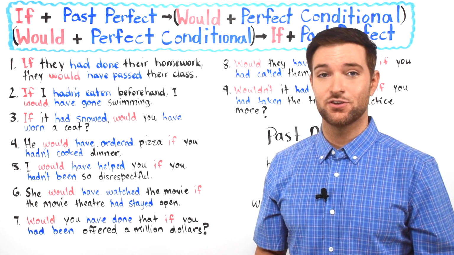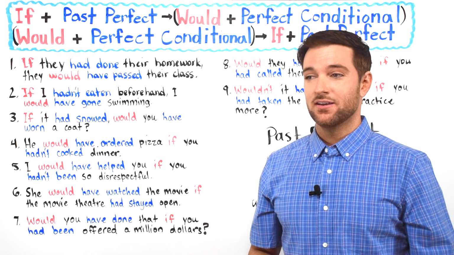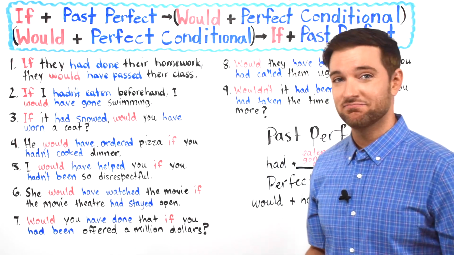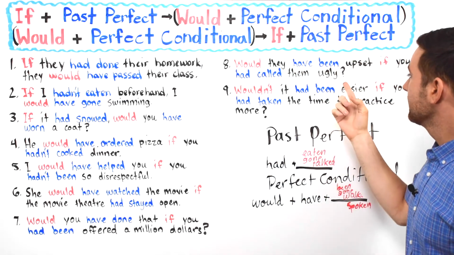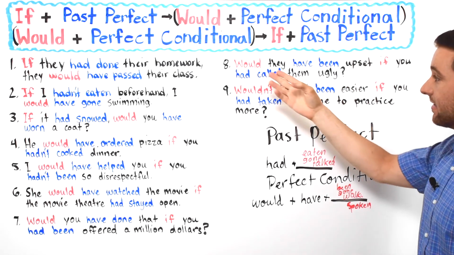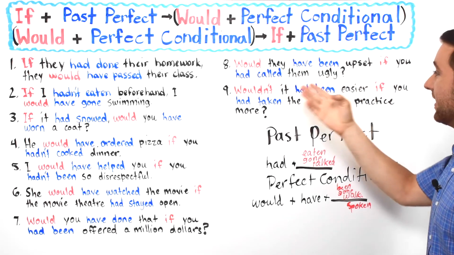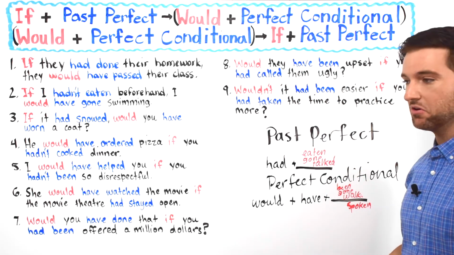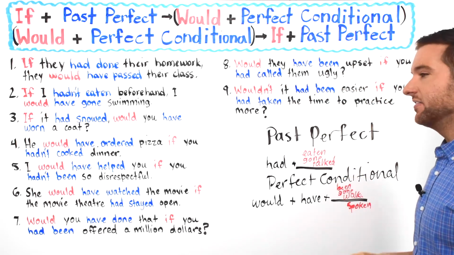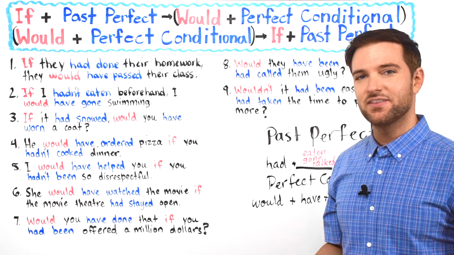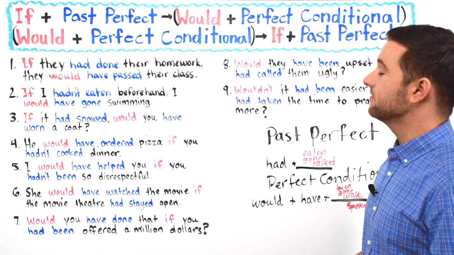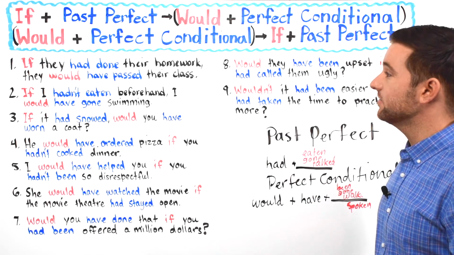Probably. Okay, so you're talking about something that hypothetically could have happened in the past. They probably would have been upset, right? So as a response, you could say, yes, I think they would have been upset if I had called them ugly. Okay, or no, they wouldn't have been upset if I called them ugly. They would have laughed, you can say also. Using also the perfect conditional.